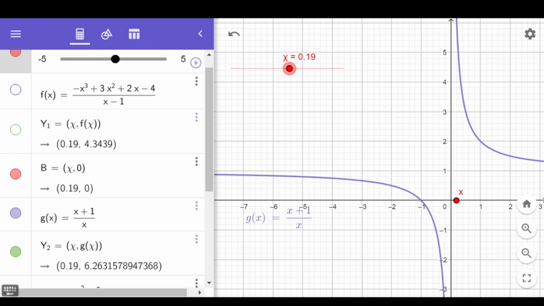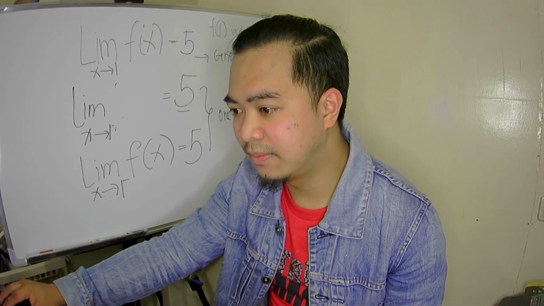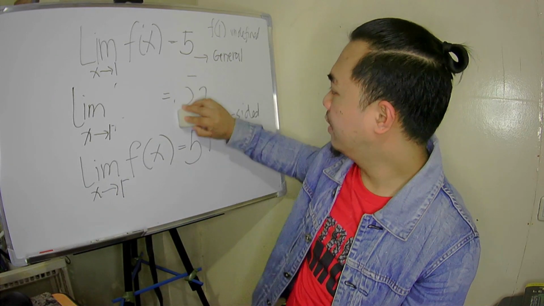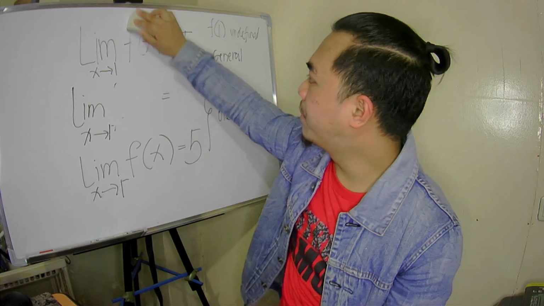It is increasing. The function g of x is approaching. Ituloy mo. Hello po, sir. Yes. Sir, as x approaches 0 from the right, y is equal to positive infinity po. That's right. So this is our first example.